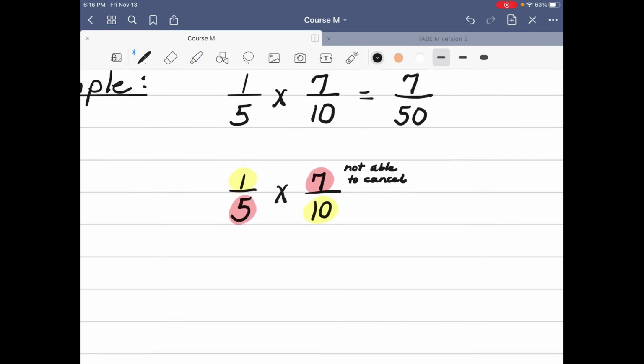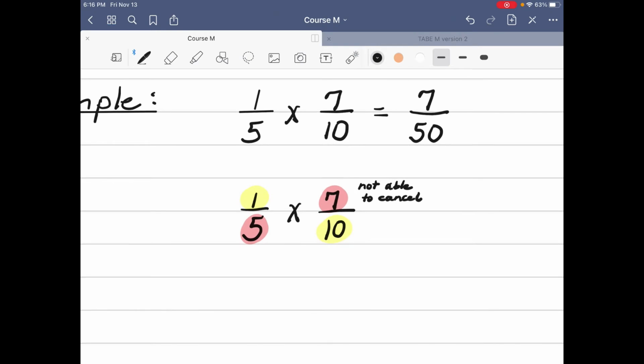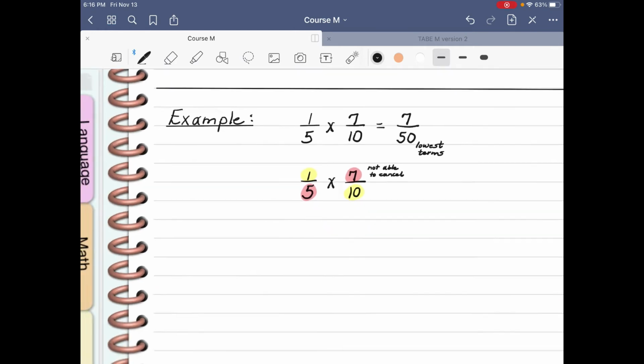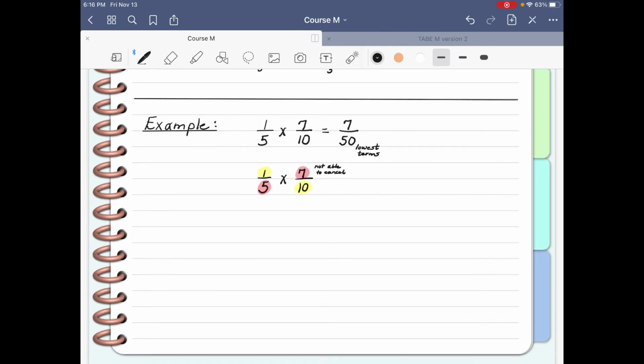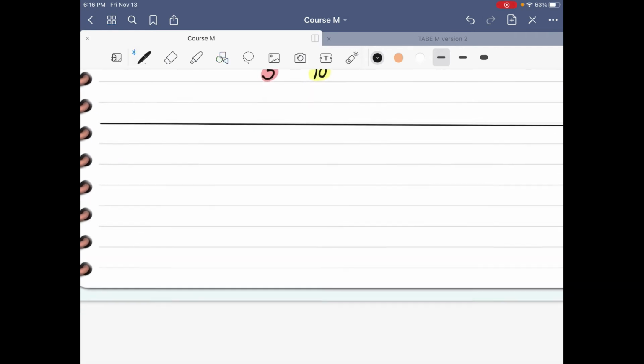The only thing you can do to solve this one is multiply top times top and bottom times bottom. But that means that this answer will already be in lowest terms, most always. Not every time, but this one is already in lowest terms. So sometimes you can't cancel. You just have to think about each problem to see.